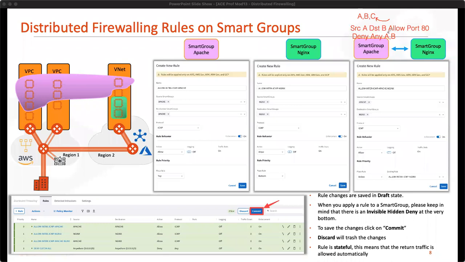The implicit deny applies to the resources mentioned here, the resources that are in the group. Any group that is not mentioned in the rule will not be affected by the implicit deny. Let me give another example.